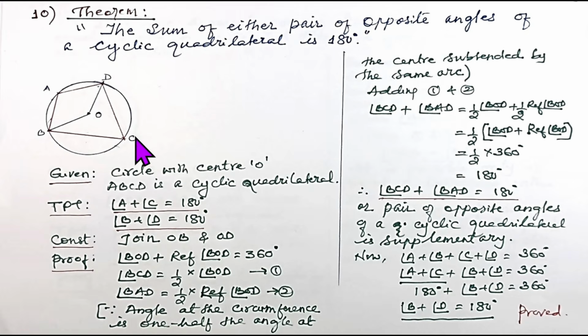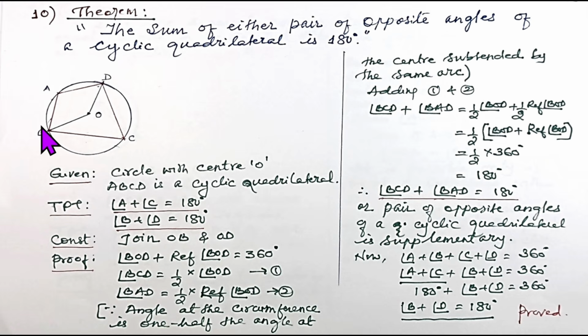Now angle BCD is half of angle BOD, because we know that BD is the arc, and the arc BD subtends an angle at the center and also at the circumference. The angle at the center is double the angle at the circumference. Therefore, the angle at the circumference is half of the angle at the center, that is the central angle BOD, and therefore angle BCD is equal to half of angle BOD. Let us call this 1.